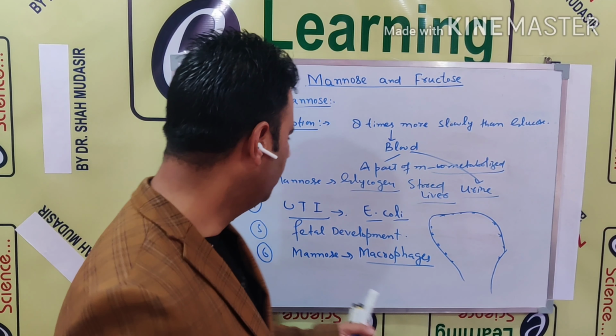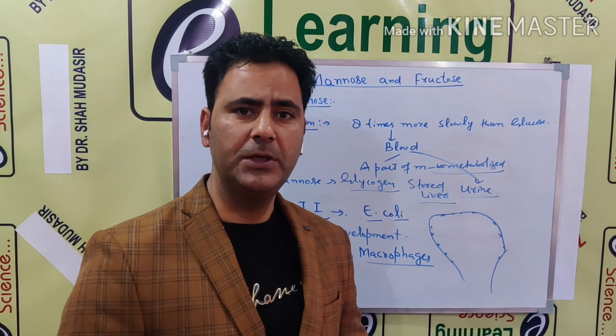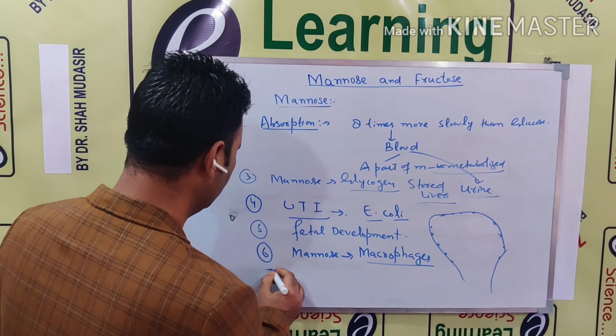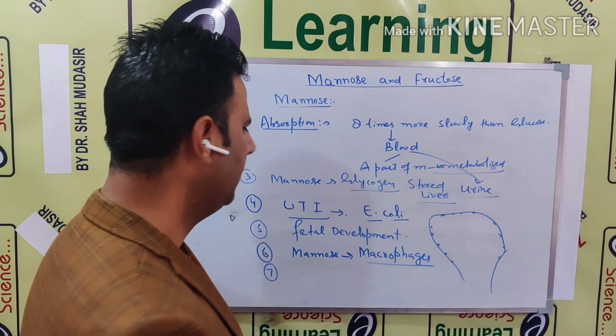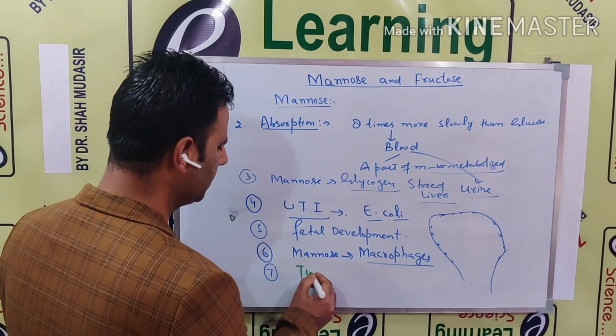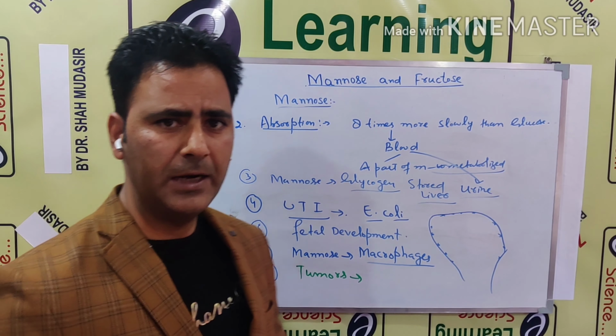So what we suggest is that mannose may have some anti-inflammatory role. Also, there is some evidence that mannose may reduce the growth of tumors. What is the reason for that?